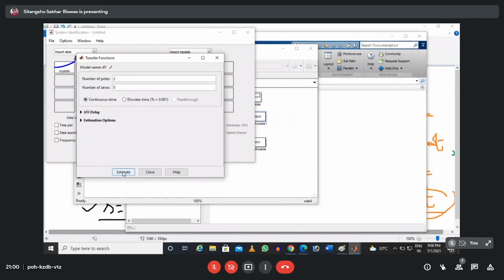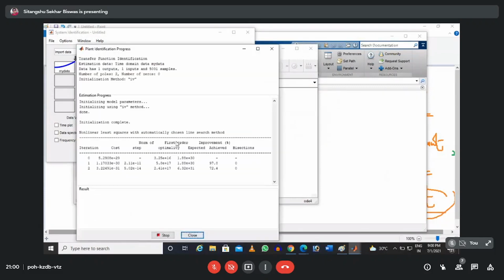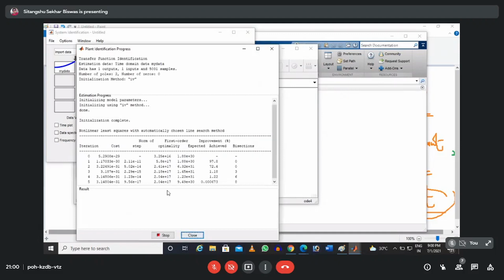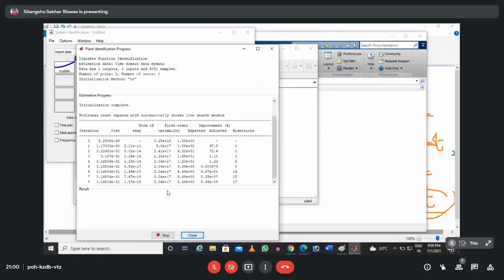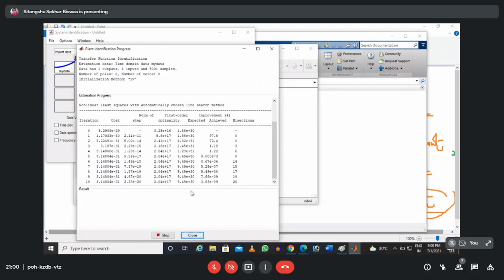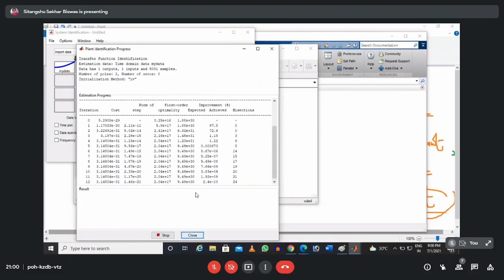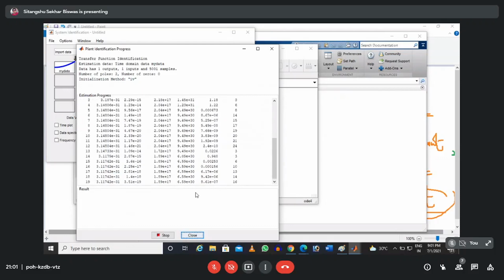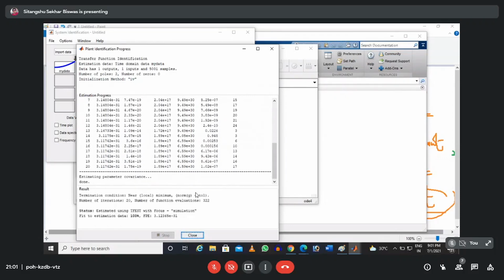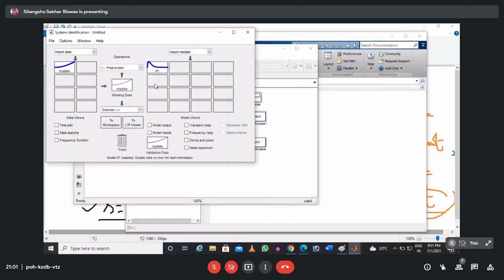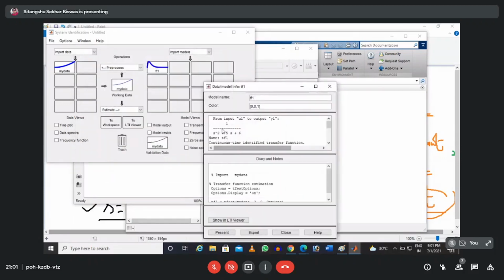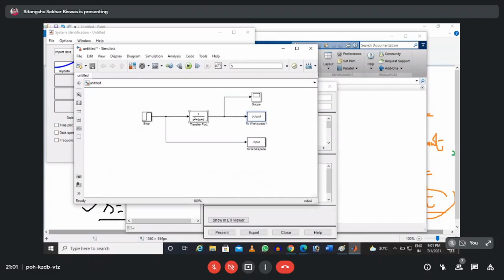Now we will try to estimate it. So now the estimation is over. Now let us see the transfer function. You see, the transfer function is 1 by s square plus 5s plus 6, exactly this one.